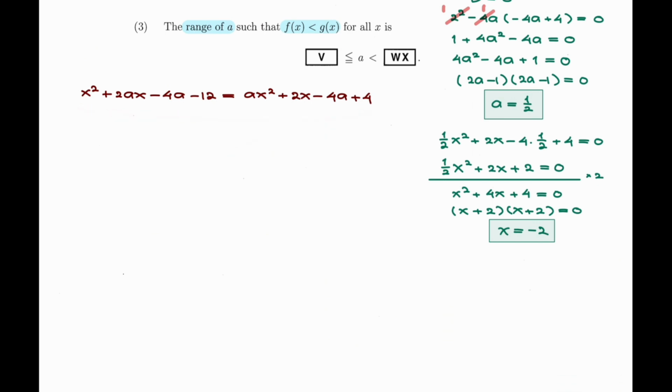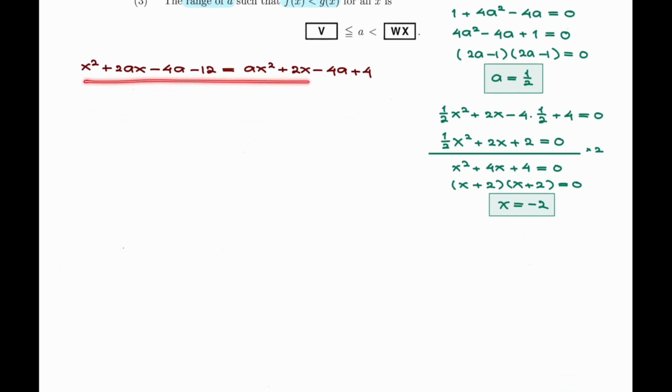So first, I will rearrange this equation. I will move this to the other side. I will get x squared minus ax squared plus 2ax minus 2x minus 4a plus 4a.